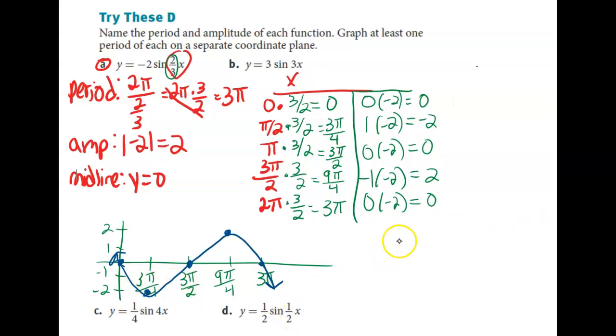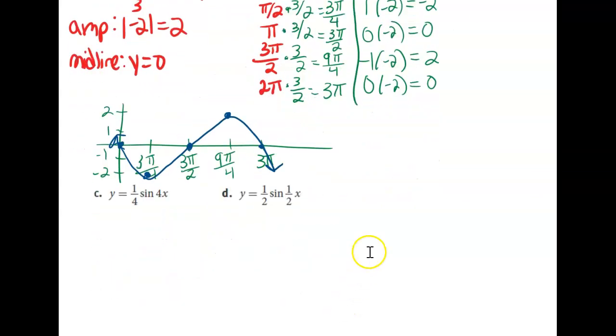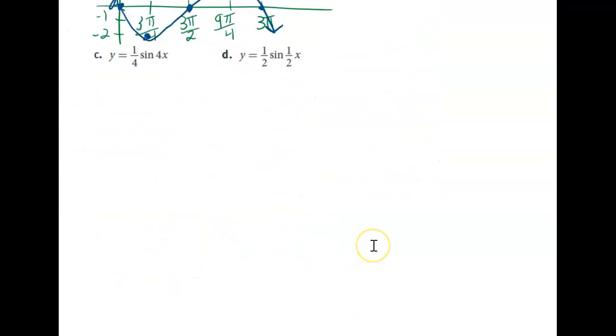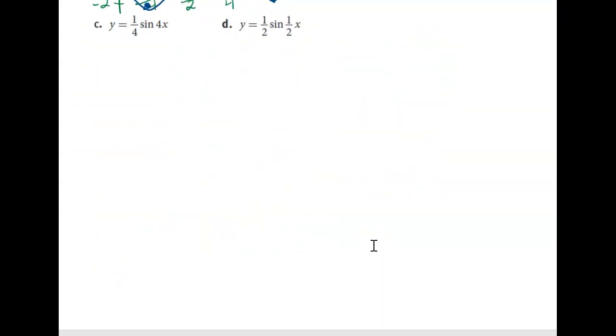All right. So let's check out C as well, because C is going to be very similar. And then B and D, you guys are welcome to try on your own, but after you complete the homework, you'll have a really good feel of if you're understanding this or not.